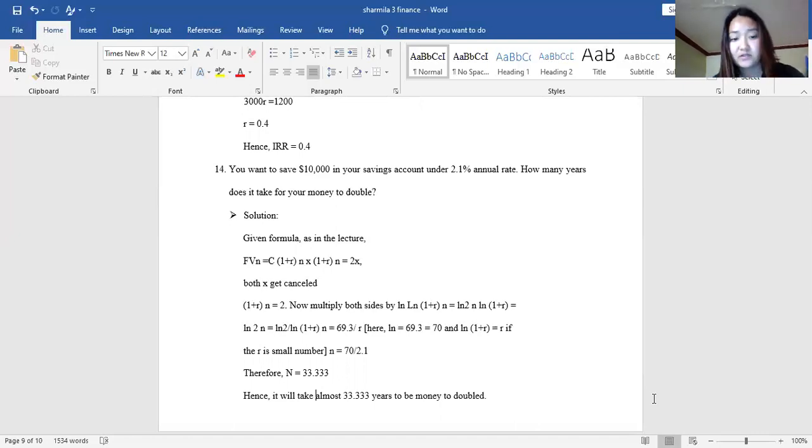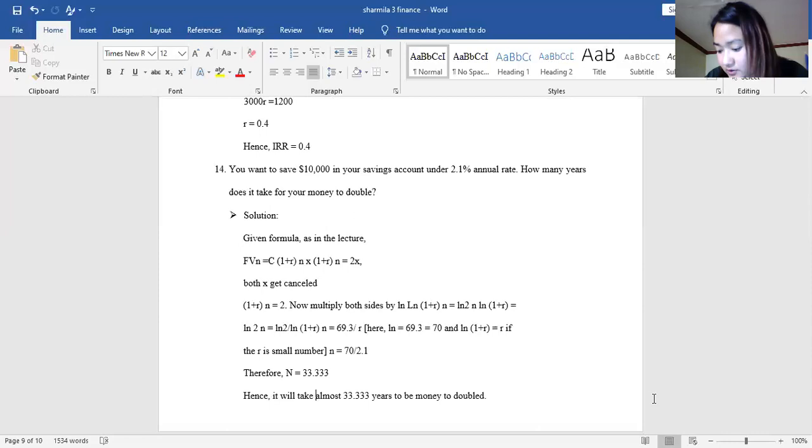Both sides get cancelled. Now we take the natural log of both sides, n times ln(1 plus R) equals ln 2.